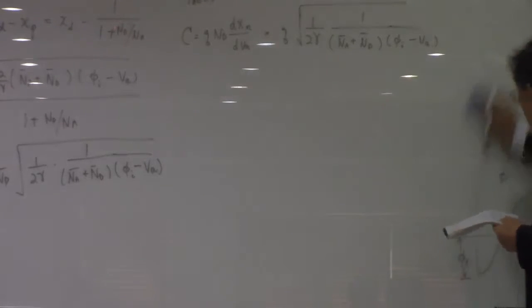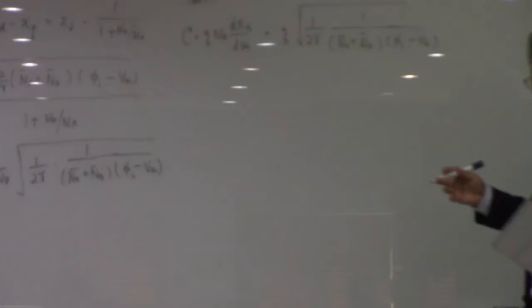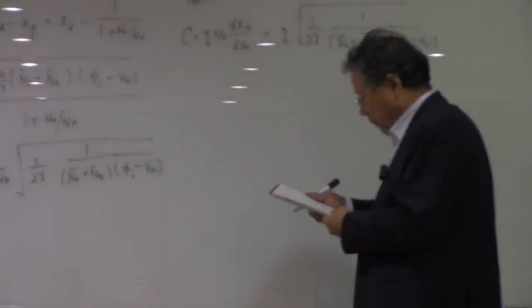And physically, you can see that the depletion region is working as a space between two metals in a capacitor, a normal capacitor.